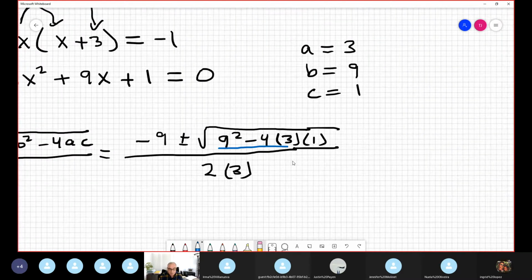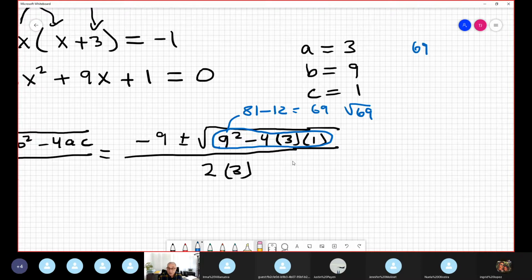This one. 9 squared is 81 minus 12. I put in my calculator 81 minus 12. 81 minus 12 is 69. Very well. And square root of 69, wow. Square root of 69, I have no idea.